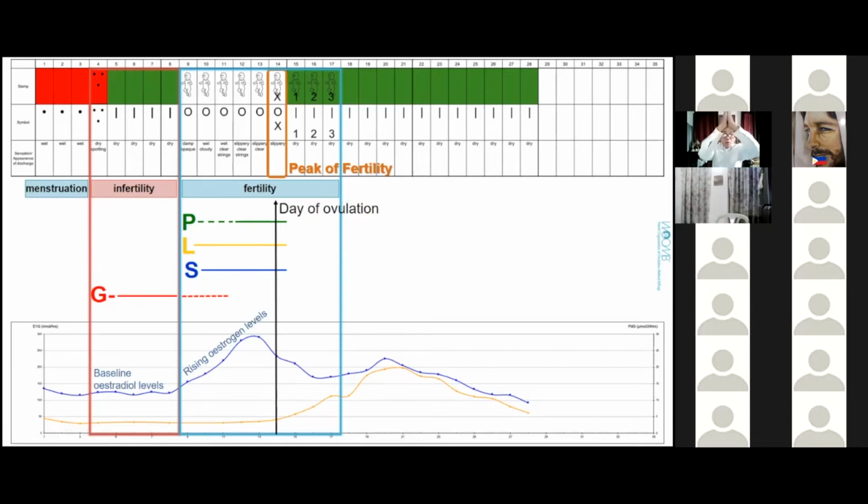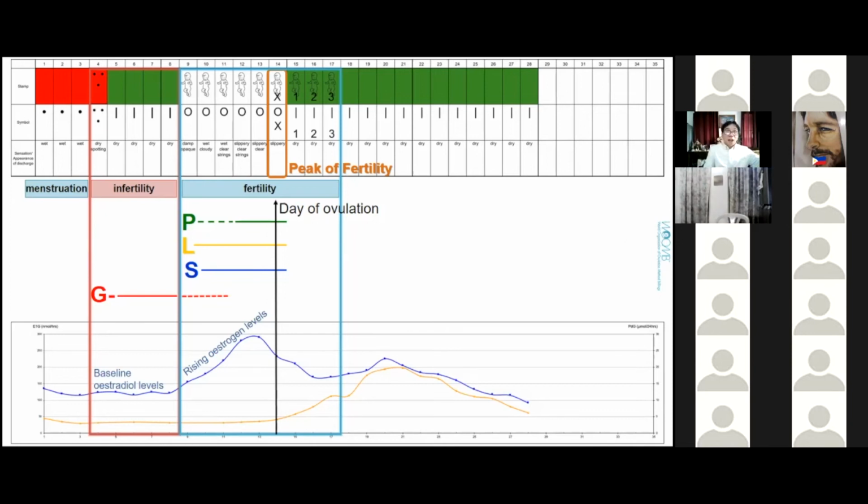On the day of ovulation, estrogen drops. On the day of ovulation, progesterone rises, according to Professor James Brown. Estrogen drops during the day of ovulation, and it will rise again, either on the 3rd or the 4th day of the luteal, and it will be elevated in the luteal phase.